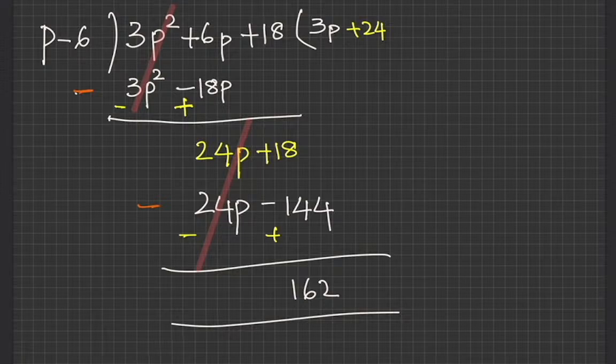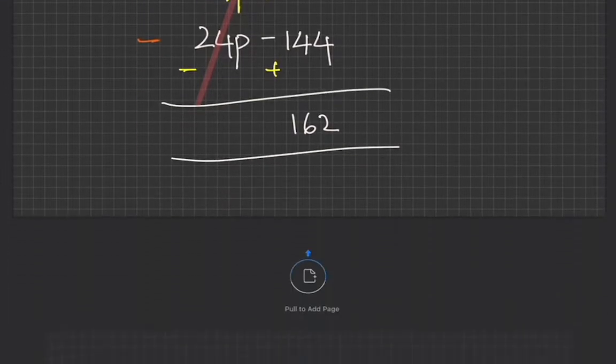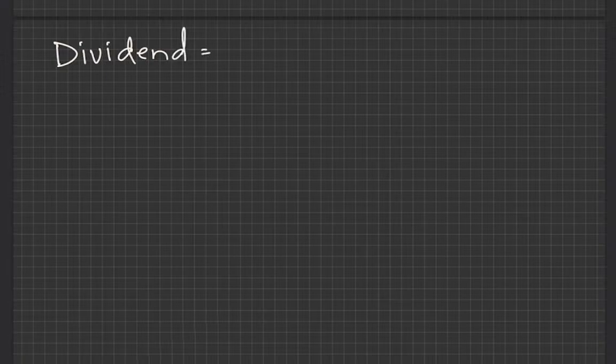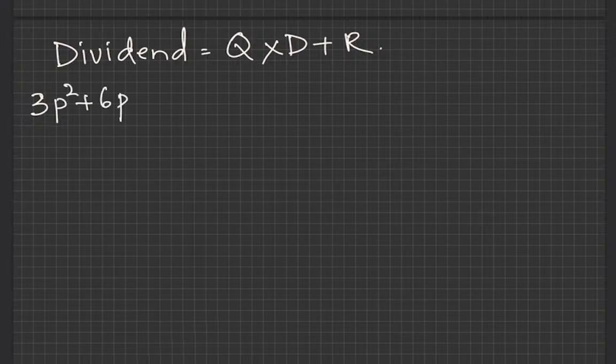So now using Euclid's division lemma, that is dividend is equal to quotient times divisor plus remainder, right? So my dividend is 3p squared plus 6p plus 18, correct?